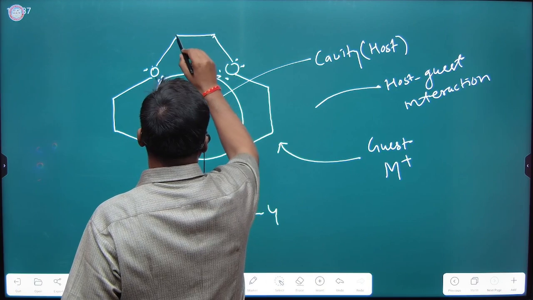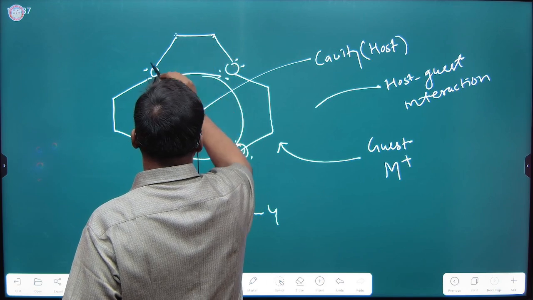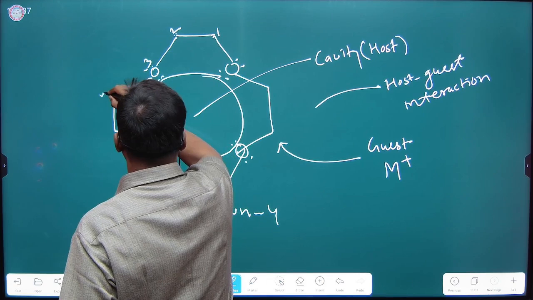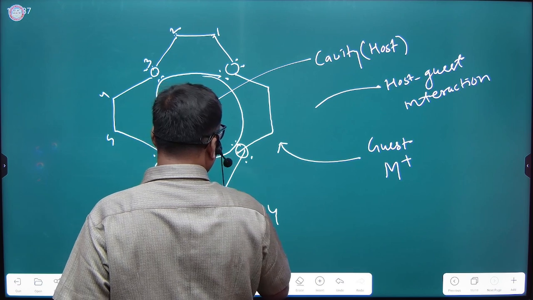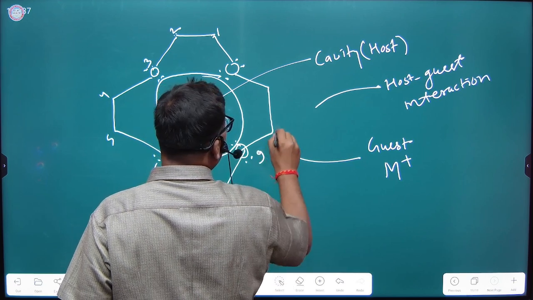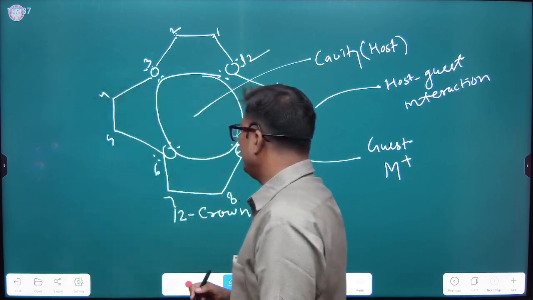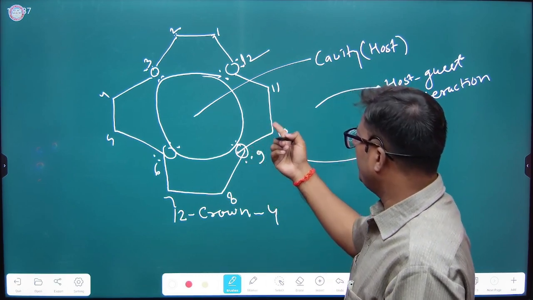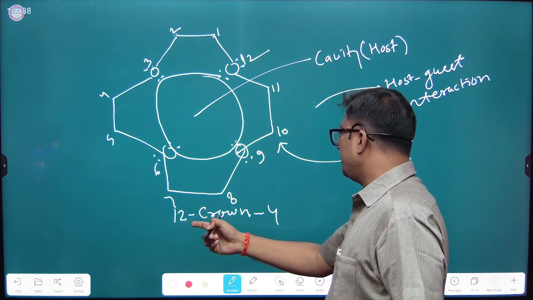One carbon, second carbon, 2, 3, 1, 2, 3, 1, 2, 3, 4, 5, 6, 7, 8, 9, 10, 11, and 12, right? In this cyclic system, there are 12 atoms in the ring. So that is why 12 is written here.